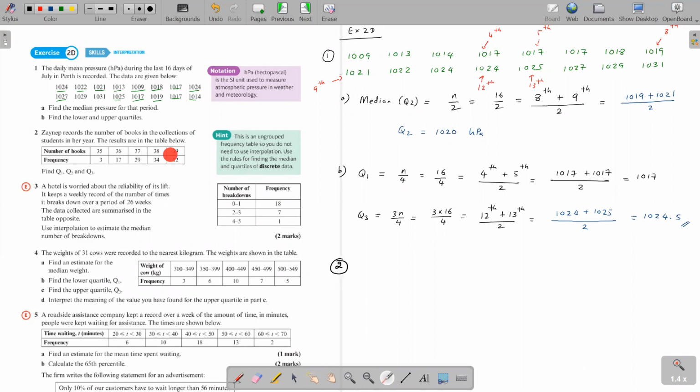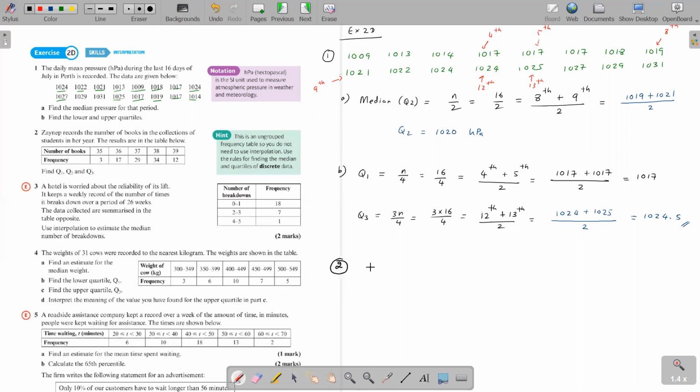When you look at this type of data here, Z records the number of books in the collections of students in her year. The results are in the table below. So, number of books, and you can see they have given the frequency. So 35 with frequency 3 means you have the same number 35 repeated 3 times.